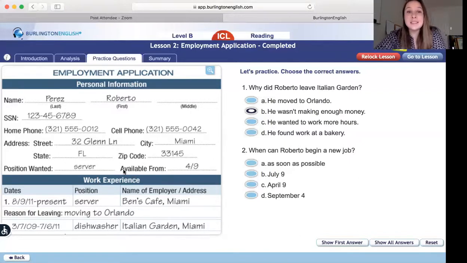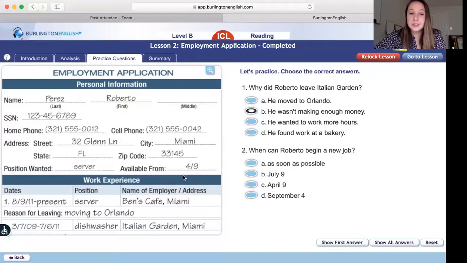So this is something that you would need to know, that available from means the same thing as when you can begin a new job. So that is a vocabulary thing and a cultural thing. So now you know that information. If you ever see that on a job application, if it says available from, that means that this is the first day that you can work the new job.